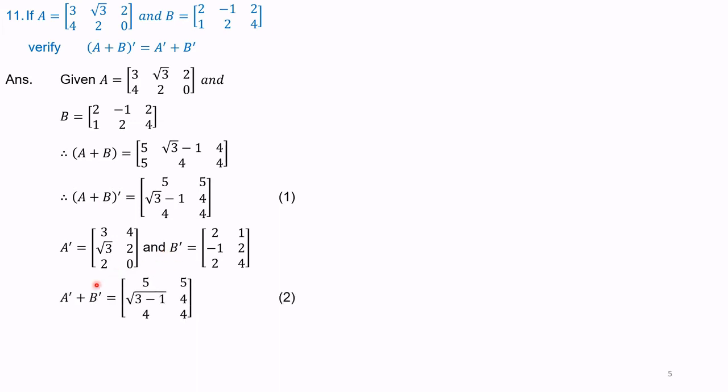Therefore, A dash plus B dash will be equal to 3 plus 2 is 5, 4 plus 1 is 5, root 3 minus 1 and 2 plus 2 is 4 and 2 plus 2 is 4 and 0 plus 4 is 4. Hence, we have proved that A dash plus B dash is equal to (A plus B) dash by comparison. Hence, the answer.